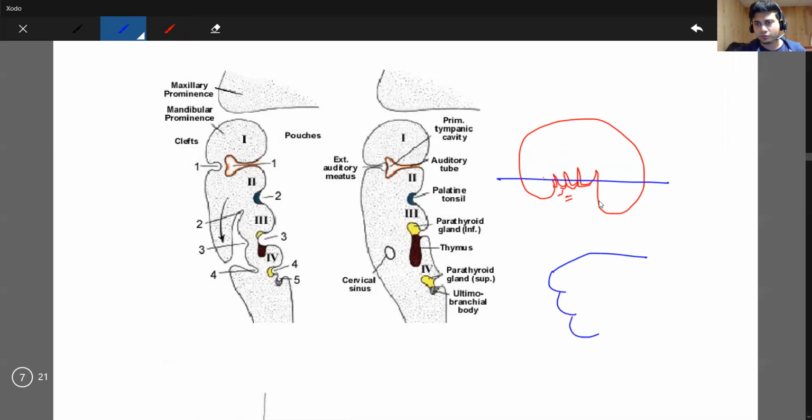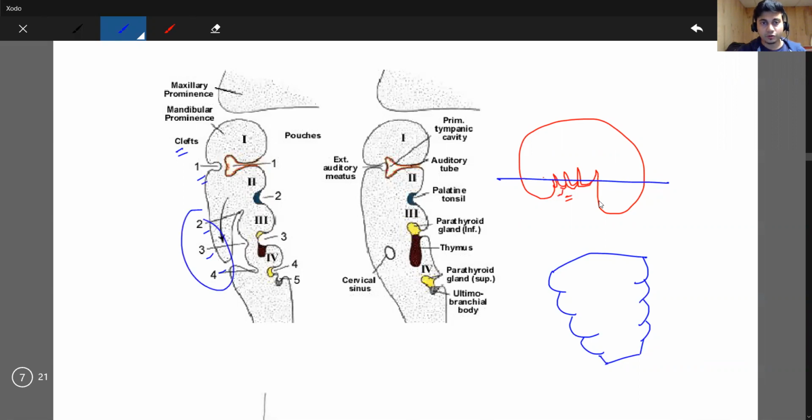I hope all of you are familiar with this view of the pharyngeal and branchial arches, pouches, and clefts. This view is familiar to all of you, and it determines different types of pharyngeal clefts. As you can see, here are the clefts on the side view, number 1, 2, 3, 4.